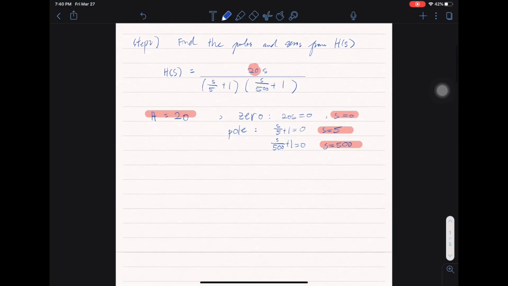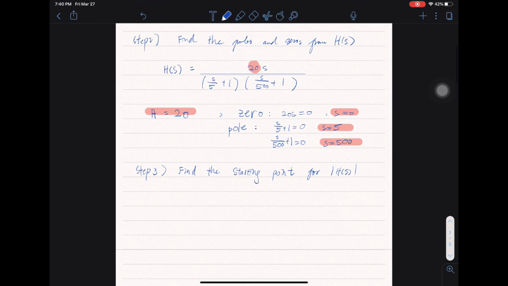So then step 3 is to find the starting point for the magnitude plot. So we notice that A is equal to 20. You want to apply that into the following equation: 20 log base 10 of A, which is equal to 20 log base 10 of 20, which is equal to 26.02.